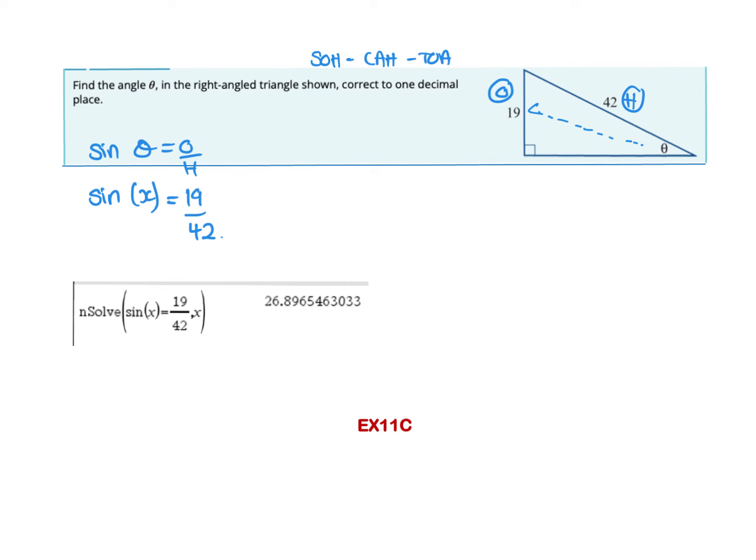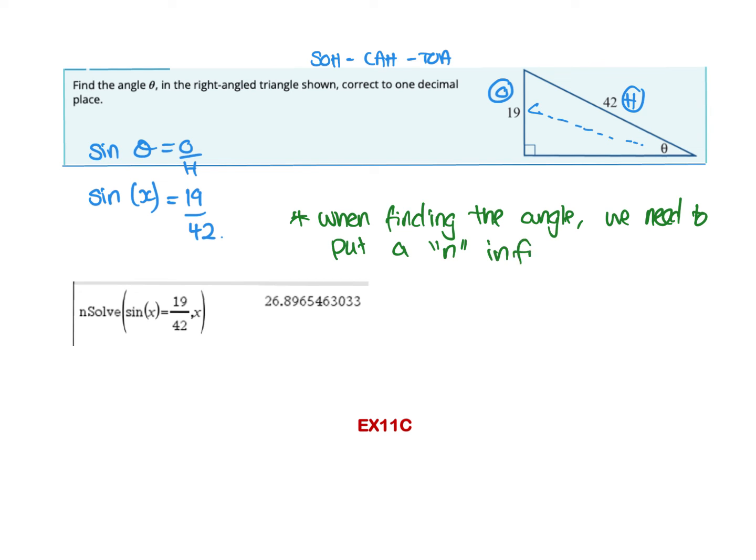Now, if we want to use our solve function in our calculator when we're finding the angle, we need to put an n in front of the solve. So you just type it on your calculator. You can see down here I've put a little n.